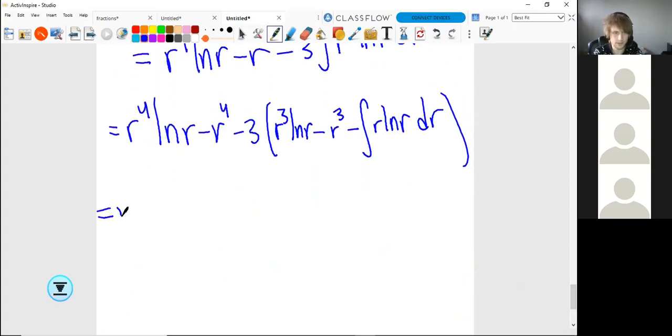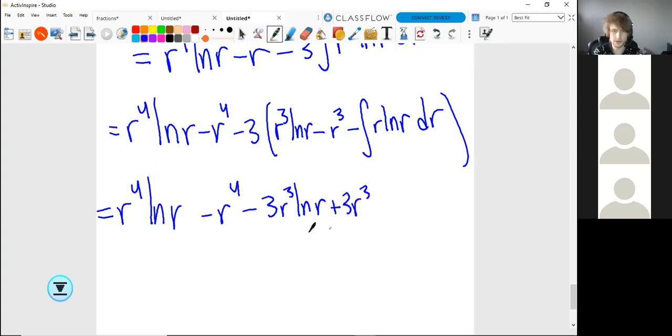So we get r to the 4th ln r minus r to the 4th minus 3 r cubed ln r plus 3 times the integral, which is going to be r squared ln r minus r squared, and then minus the integral of ln r.